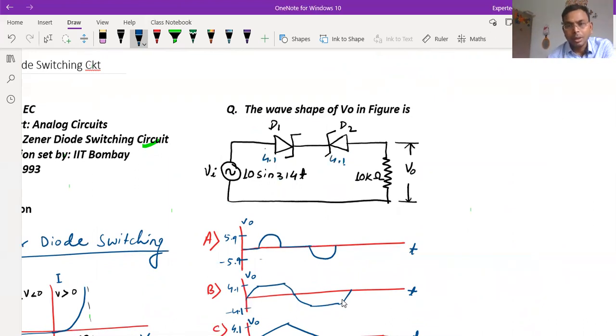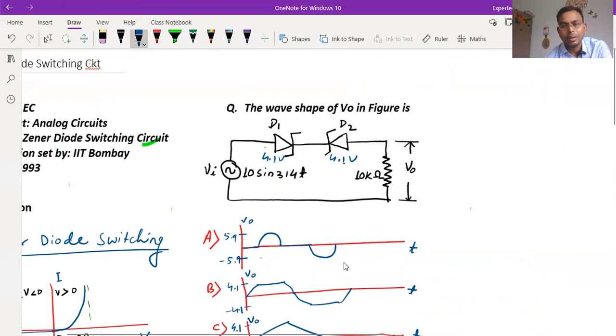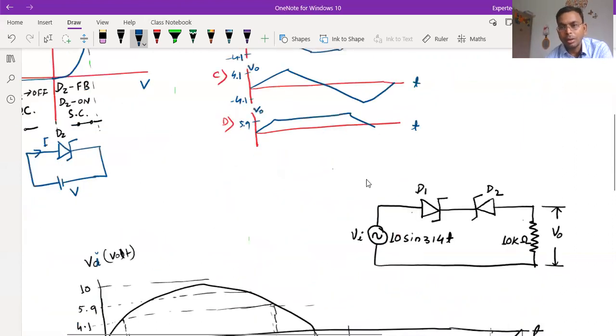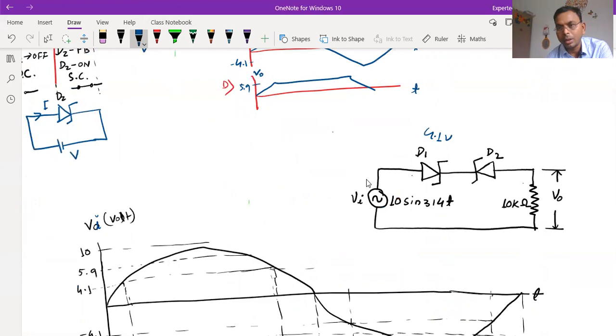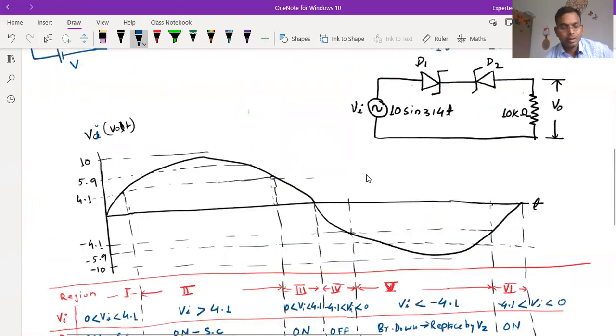So the Zener voltages of both the diodes are 4.1 volts. This is given in the question. So here also 4.1 volt, here also 4.1 volt is the Zener voltage.